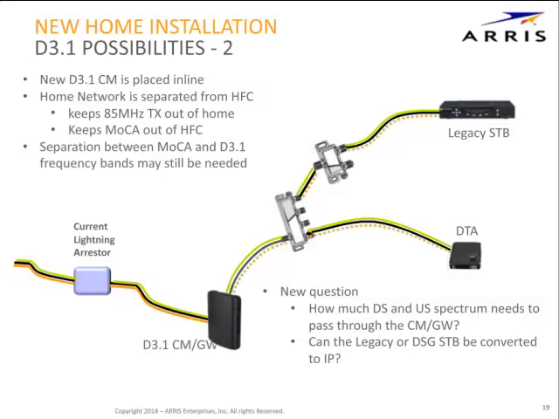And it may allow frequency reuse between MoCA and 3.1 of the lower D band, but that's going to be very dependent on how much filtering can be accomplished in this modem and how much signal needs to be passed through. Is it sufficient to pass through below 200 megahertz all the way down to 108 megahertz?